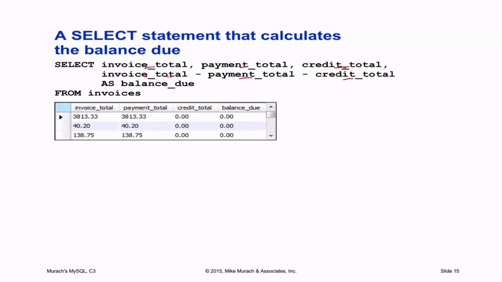So you can see we're selecting the items up here, and then down here, we want to use math to calculate whether or not the invoice has a balance due, and then specifying it as a new column here. And all of this is from the invoices table. Very common operation that you'll see, and this is a way that you can do calculations based on data that's stored in a table.